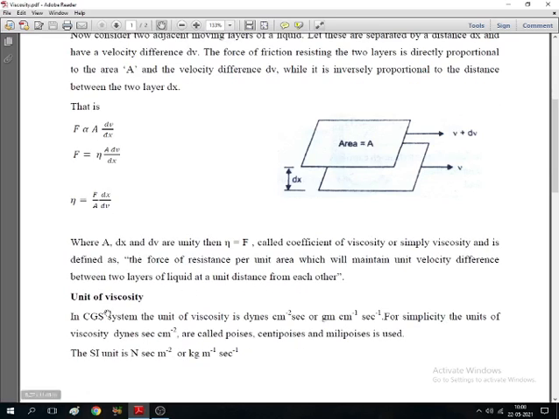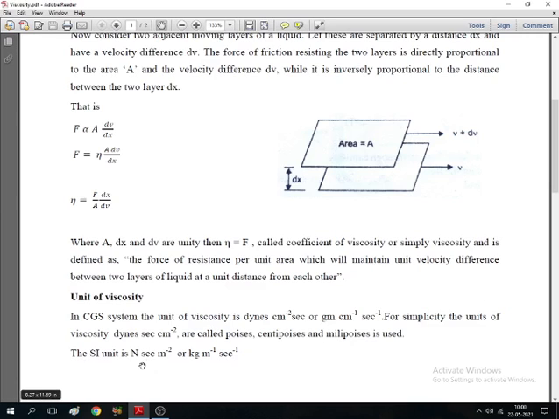Now let us see the unit of viscosity. In the CGS system, the unit of viscosity is dyne centimeter inverse square second, or in another way gram centimeter inverse second inverse. For simplicity, dyne second centimeter inverse square is called a poise; centipoise or millipoise is also used.